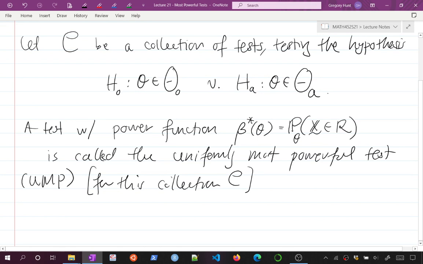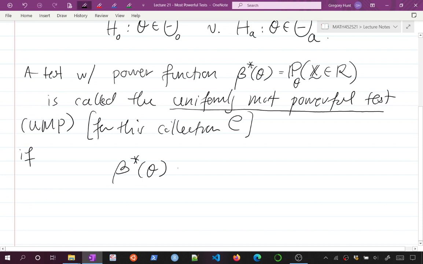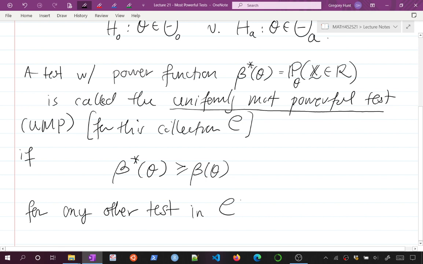We call this test the uniformly most powerful test, or the UMP, if beta star of theta, the power function for this test, is larger than the power function for any other test, where beta is another test in my class with a power function beta.